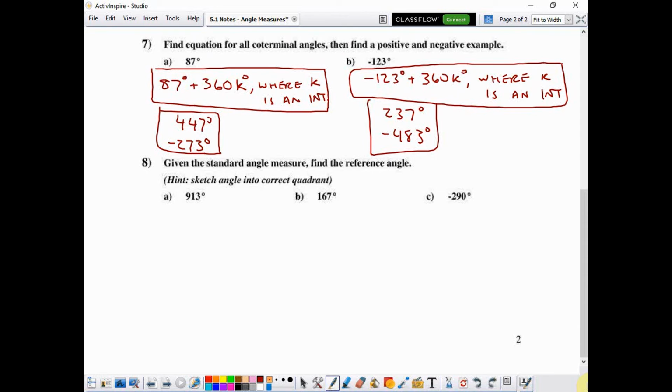And lastly, given the standard angle measure, find the reference angle. So 913 degrees. What I can do is subtract 360, and that's going to give me 553 degrees. I can subtract another 360, and that's going to give me 193 degrees.